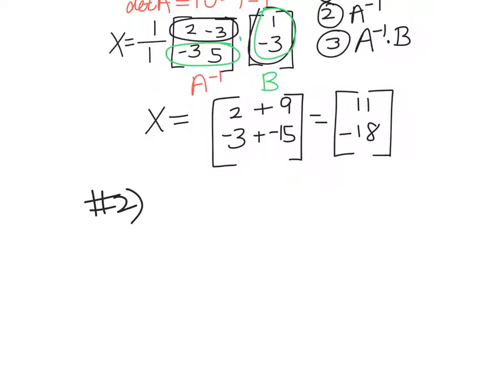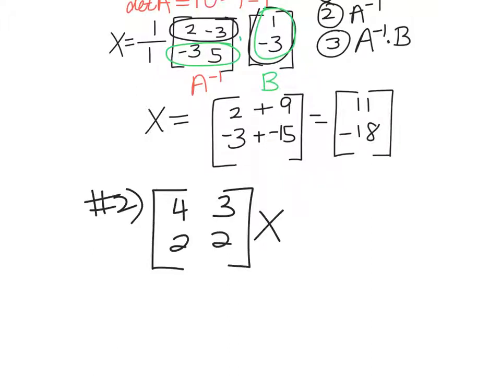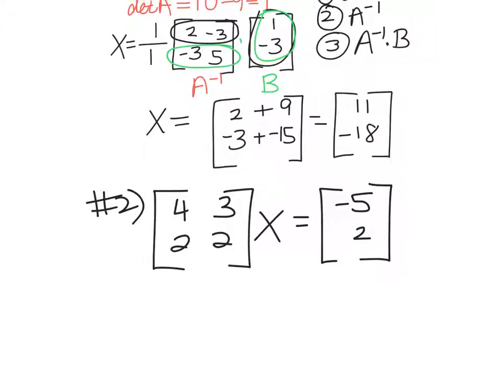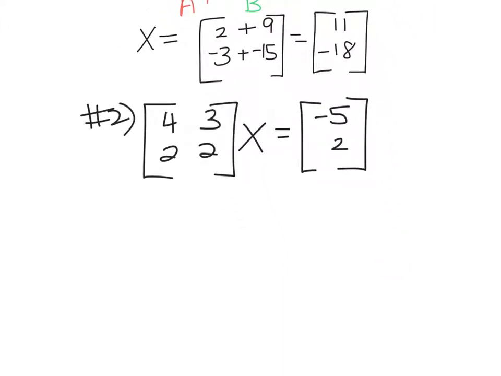Okay? So here we go. Let's do this one. 4, 3, 2, 2 times matrix X equals negative 5, 2. Okay. So let's go over this again.